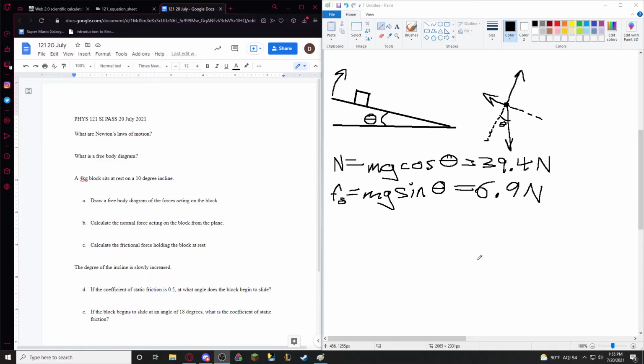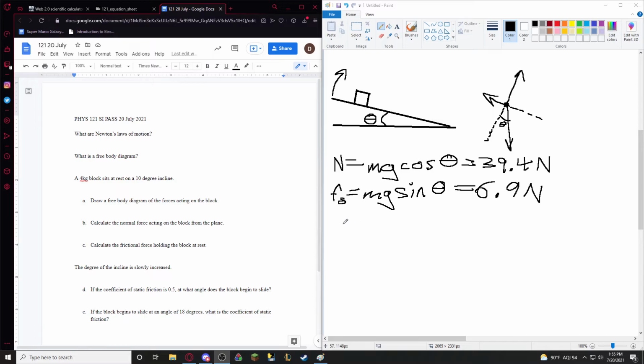How do we calculate it for any angle? The way we did it in the last problem was mg times cosine of theta. So as the angle increases, cosine of theta is going to decrease.